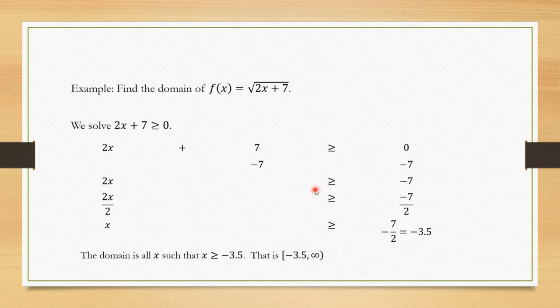And then, right, we divide, again, we want to get x all alone. So we subtracted 7. Now we divide by 2. And what we get is x greater than or equal to -7/2, which is -3.5.